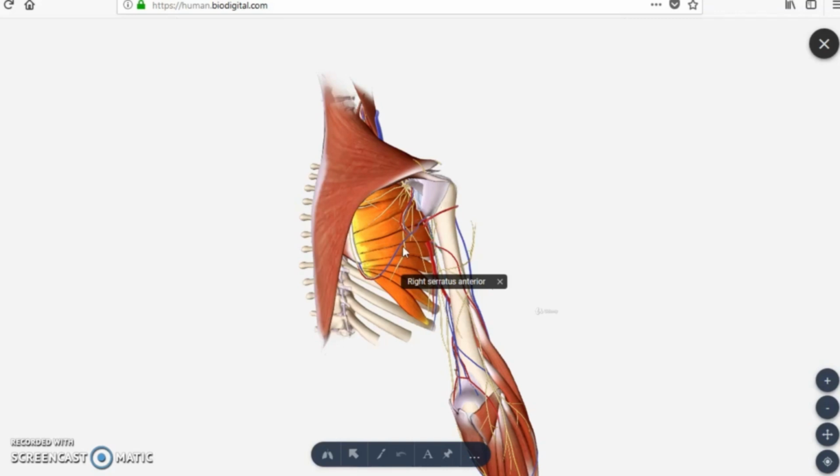In the medial border of the costal surface of the scapula, we have the insertion of this particular muscle called serratus anterior. So serratus anterior muscle takes origin from ribs in the anterior aspect, and it is getting inserted into the scapula's medial border, that is in the costal surface.